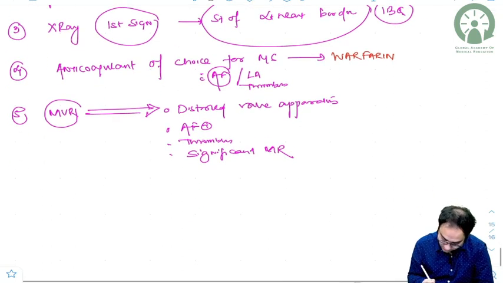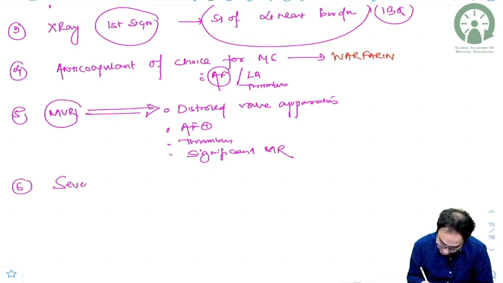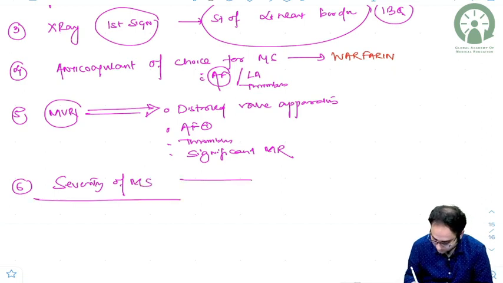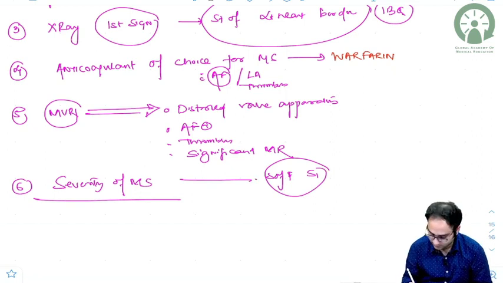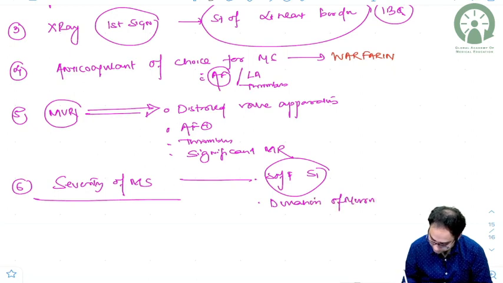Along with that, one last point, what is the marker of severity of MS? One, soft S1. Second, the duration of murmur is important.